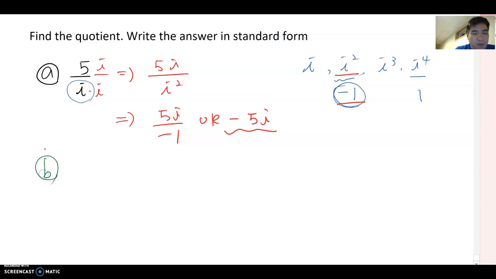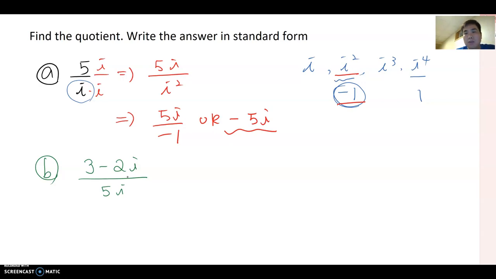This time we have a complex number form on the numerator, but the denominator is just 5i. Again, we don't care about the numerator. The numerator can be any number, but not the denominator.